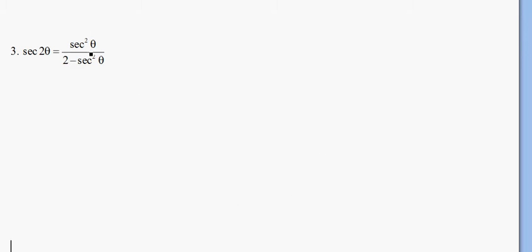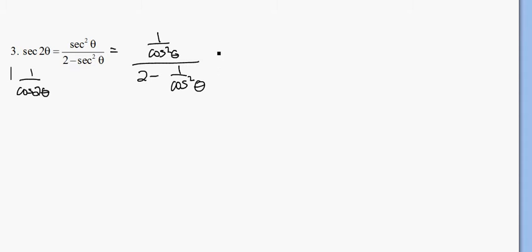Okay, again, I'm going to work on this side over here, but I'm just going to rewrite this side as 1 over cosine 2 theta for the time being, because hopefully you recognize that secant is just 1 over cosine. So I'm going to rewrite this in terms of cosines. So this is 1 over cosine squared theta, all over 2 minus 1 over cosine squared theta.